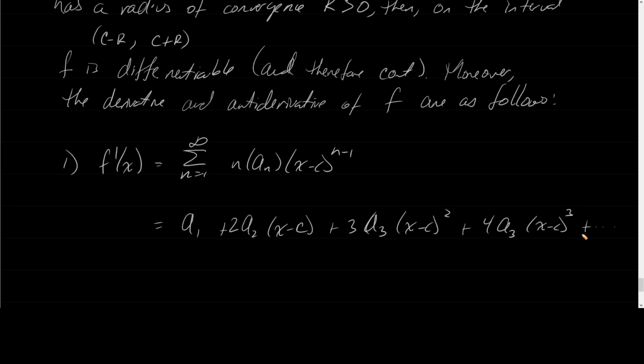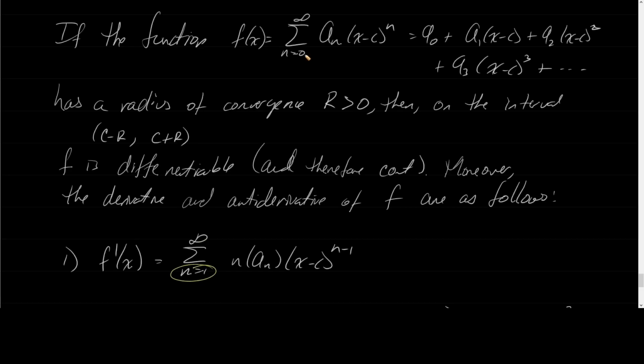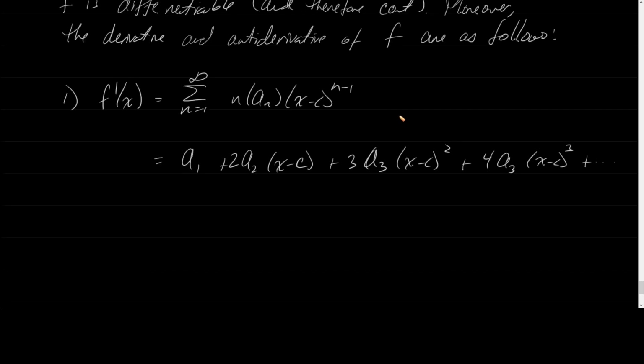I want you to note something here, though, and it's a very, very subtle thing. I wrote n equals 1 here, and I wrote n equals 0 here. All right. Why would that change? Why do we have a different index? Well, the reason is that here, this a naught is a constant, right? And because it is a constant, when I take the derivative of it, it goes away. So it's no longer there. All right.